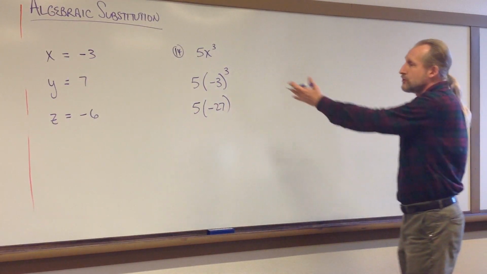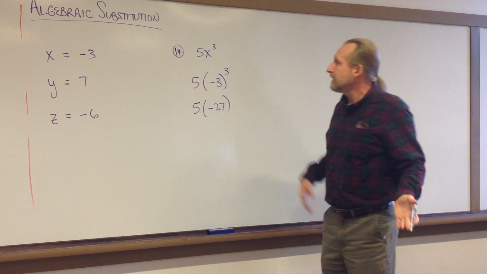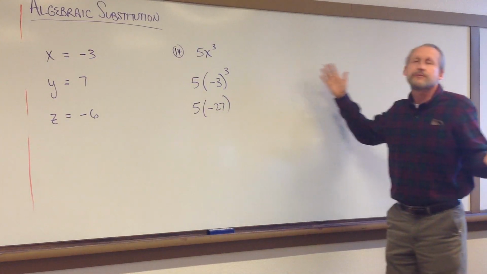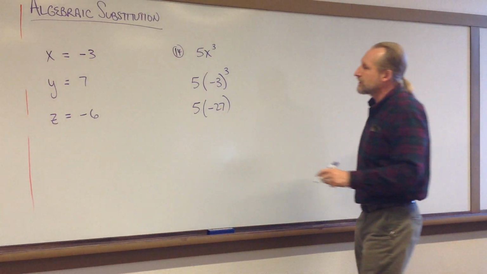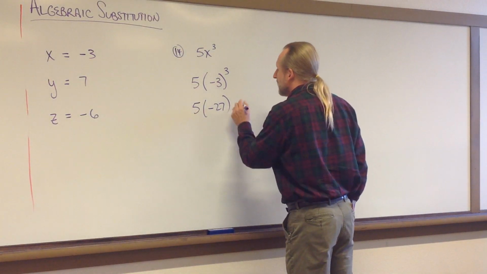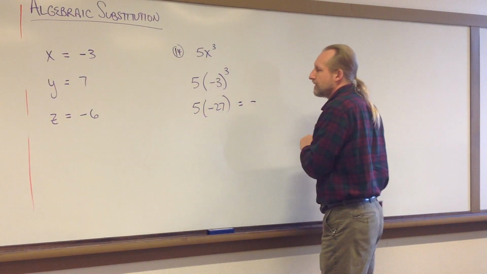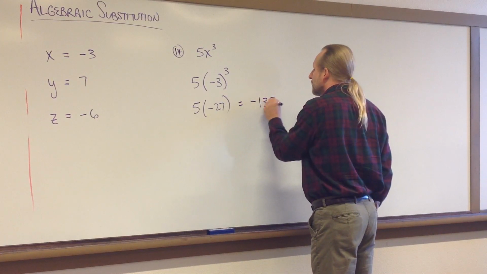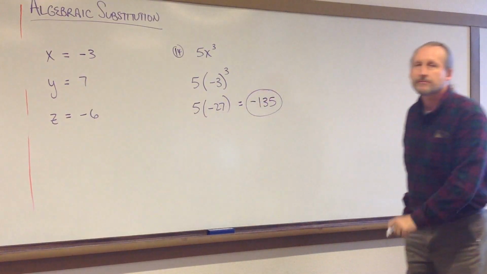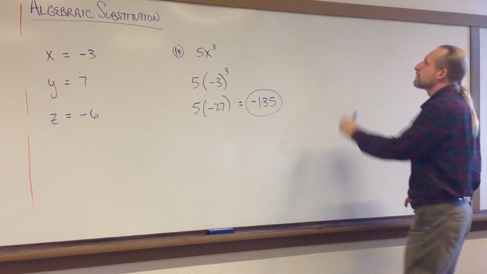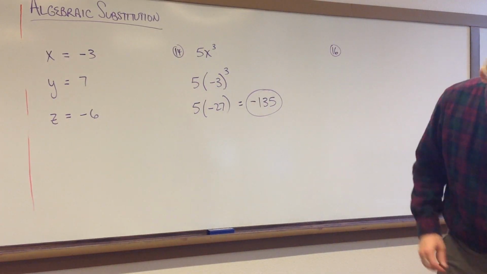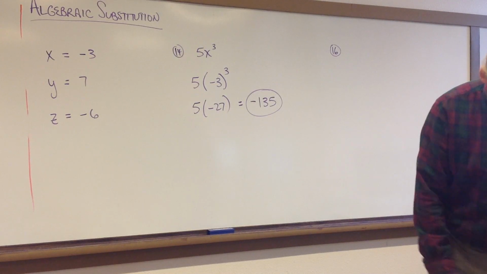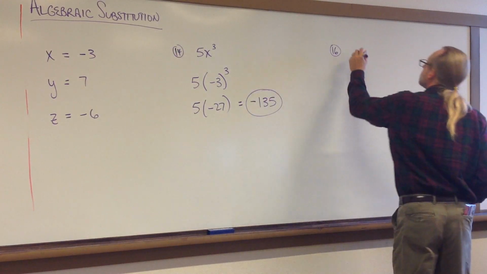And again, you can do this on a calculator. In the end, it's just negative 3 times negative 3 times negative 3, which is not all that challenging. 5 times negative 27, so that should be negative 135.